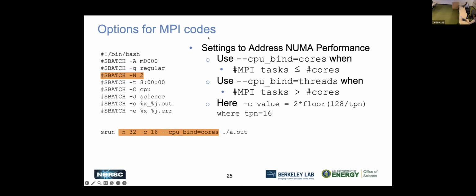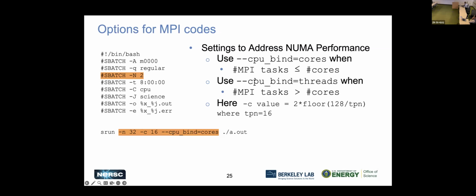And so there are a few different constructs that you want to keep in mind when running MPI codes. When you're setting the address for your NUMA memory performance, you want to use CPU bind cores, and you want to make sure that the MPI tasks are less than or equal to the number of cores that are available.